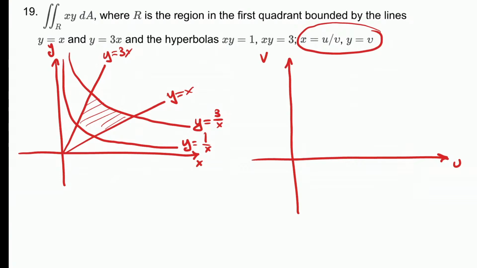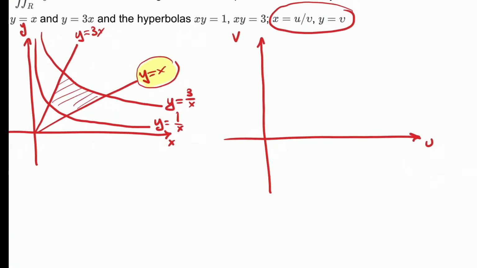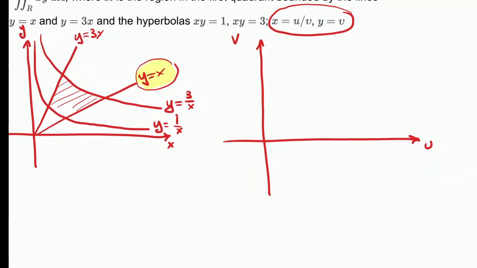So what I would do is take those two and plug them into each of these 4 functions that we've written down. For example, y is equal to x. I'll do that one first because that one seems to be the easiest. If you take that and transform it using what's circled up there, you get v is equal to u over v, which means that u is equal to v squared.